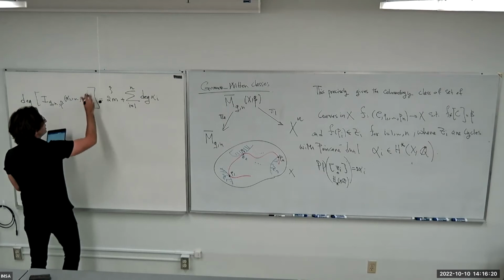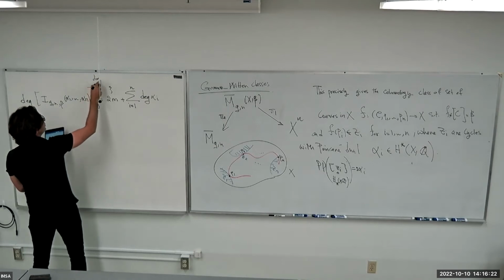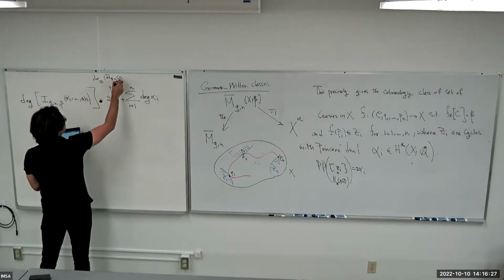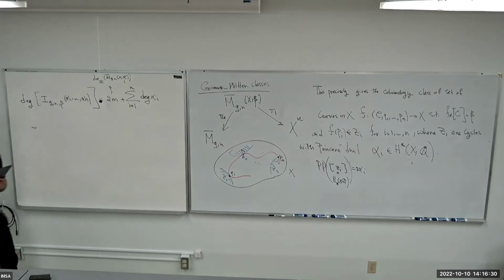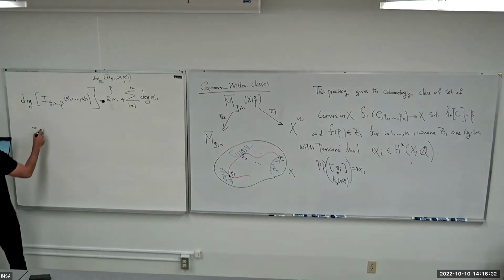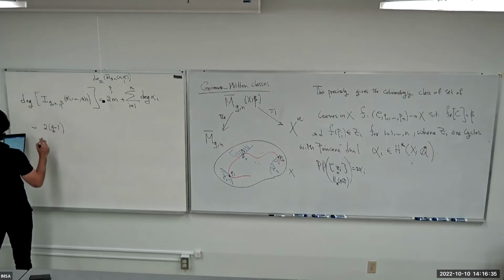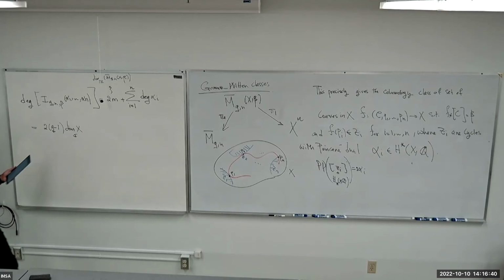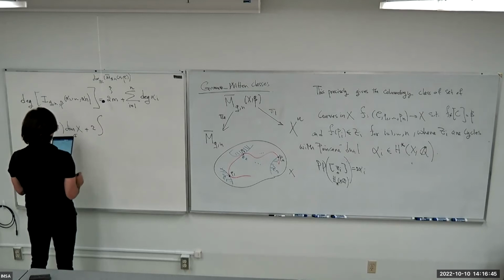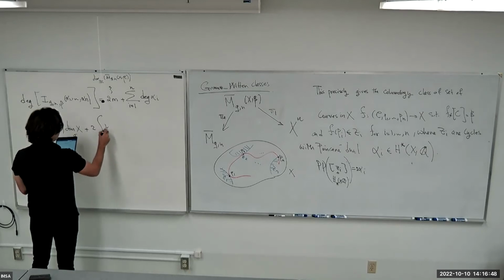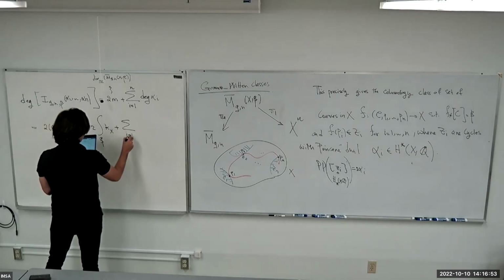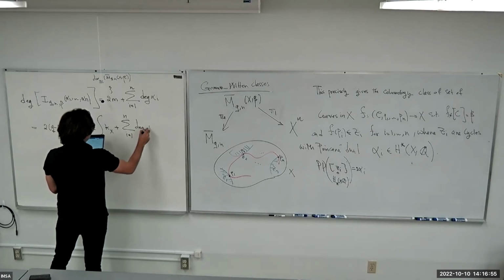This is the real dimension, the dimension over real numbers, of M-bar_{g,n}(X, beta). Remember, it's 2 times (g minus 1) times the complex dimension of X, plus 2 times the integral over beta of the canonical class of X, plus the sum from 1 to n of the degree of alpha_i.